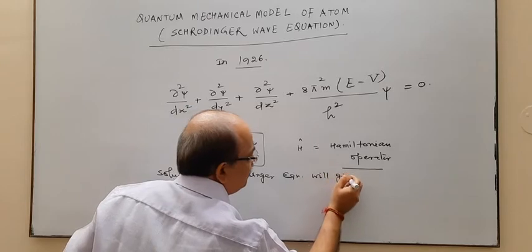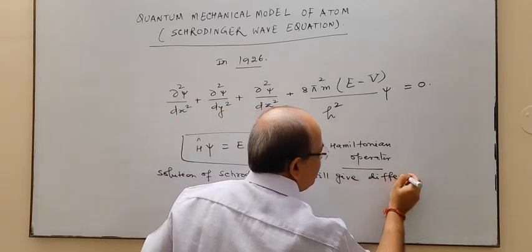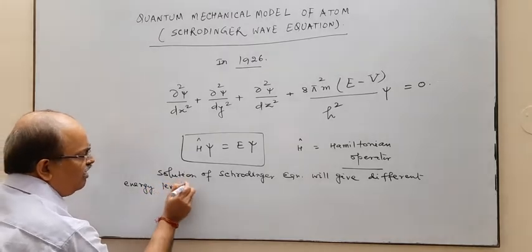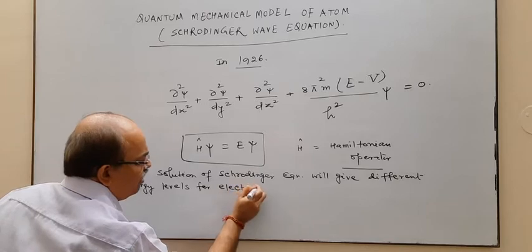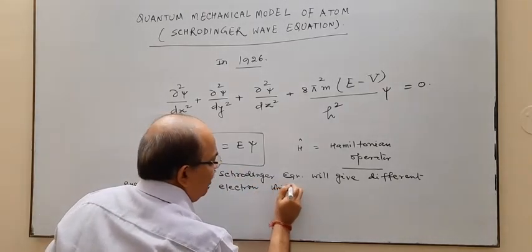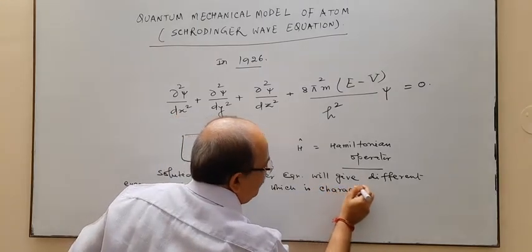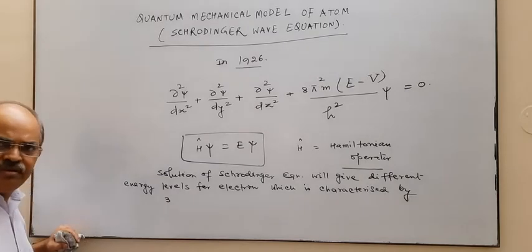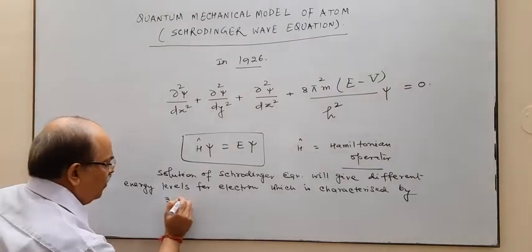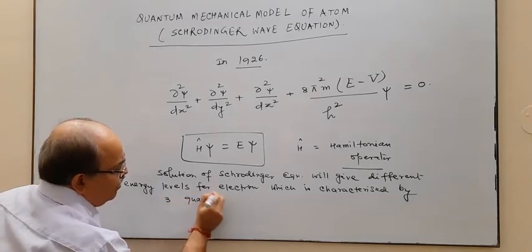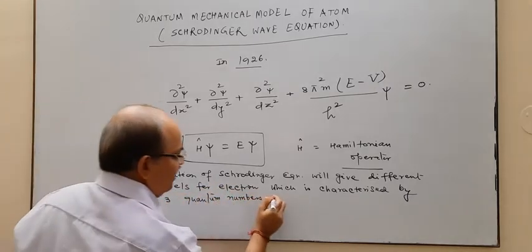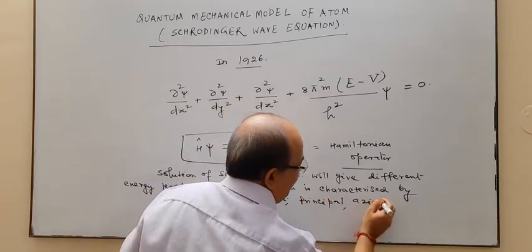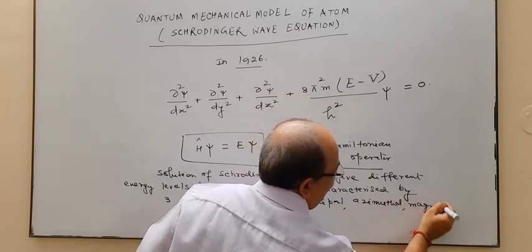But the solution of the Schrodinger equation will give different energy levels for the electron, which are characterized by three quantum numbers, that is, principal quantum number, azimuthal quantum number and magnetic quantum number.